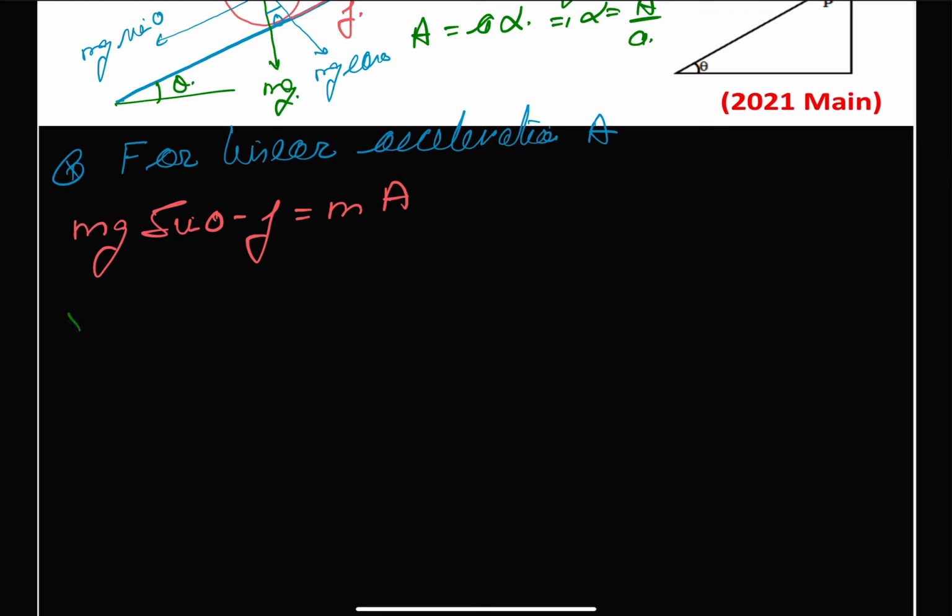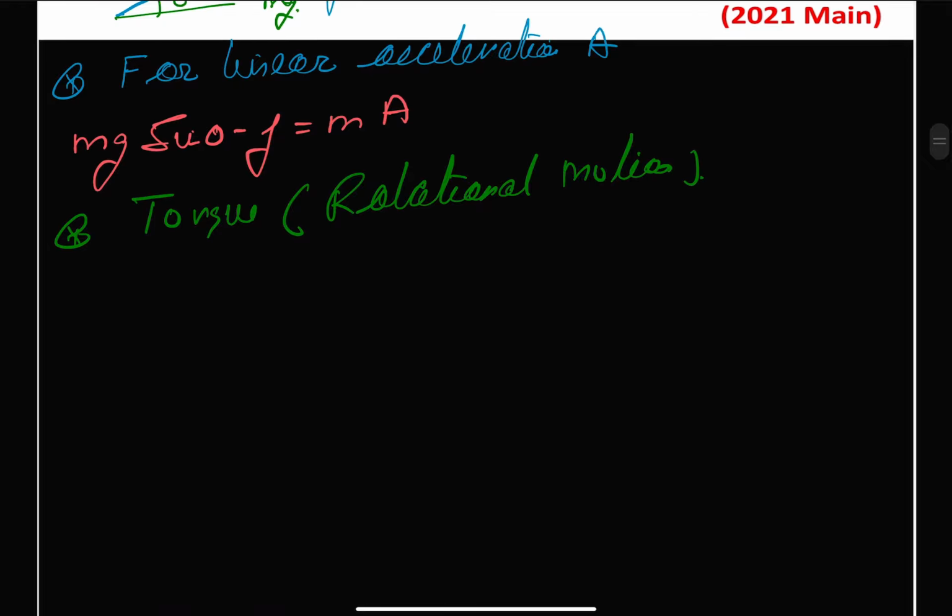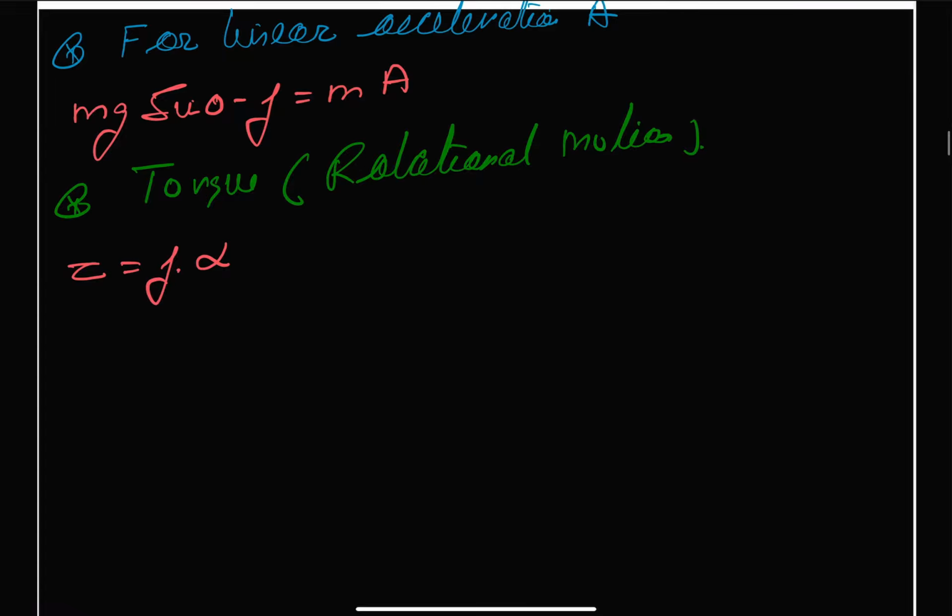So we can say our torque equation for rotational motion: torque tau will be equal to frictional force times radius.